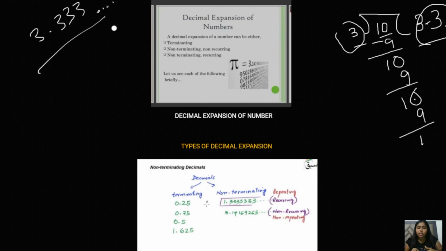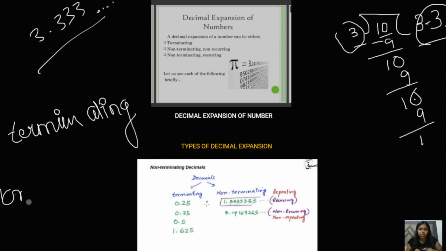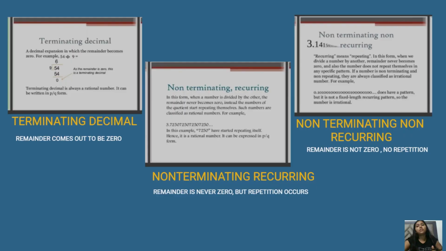The decimal expansion can be explained in different ways. It can be terminating, and it can be non-terminating. Let's see what terminating and non-terminating decimal expansions are.